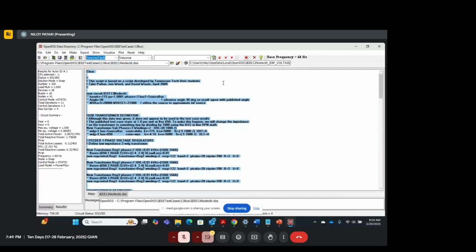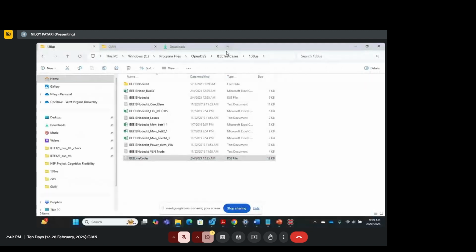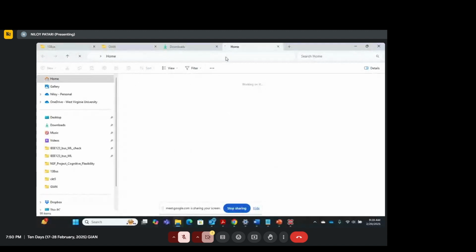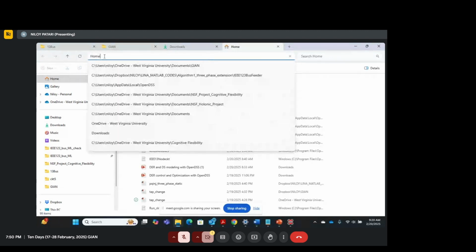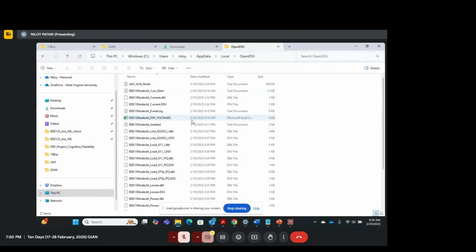If you export that voltage, it will be exported to this particular location, which you can define on your own. But here, if I go to this particular folder, yeah, this is the one.